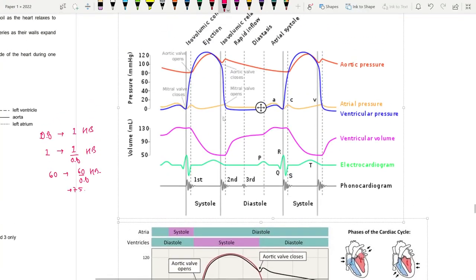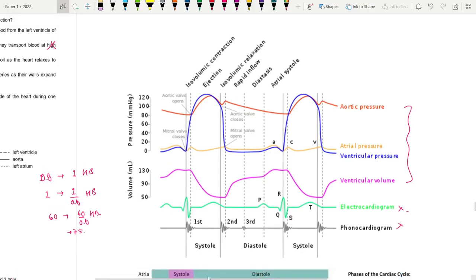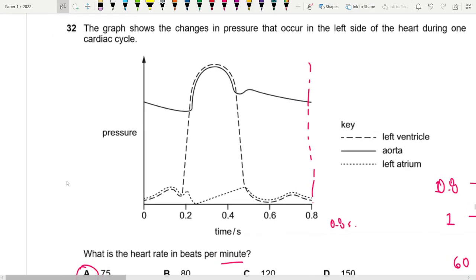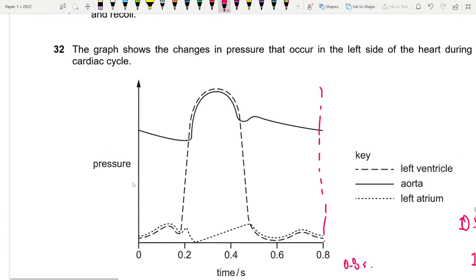You don't need the phonocardiogram or the electrocardiogram. You mainly need this. So honestly, according to the question they'll give you, this is one cardiac cycle, approximately 0.8 seconds. You need to know about 4 events. This event is basically the atrioventricular valve closing.